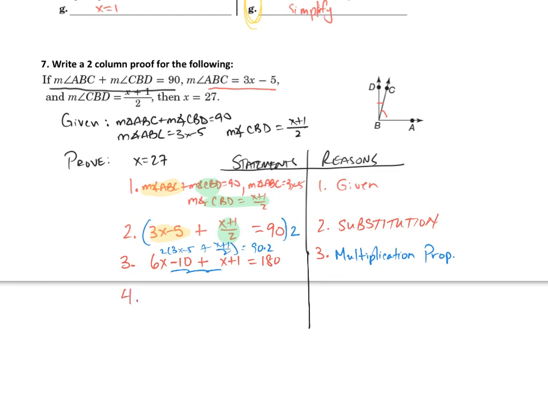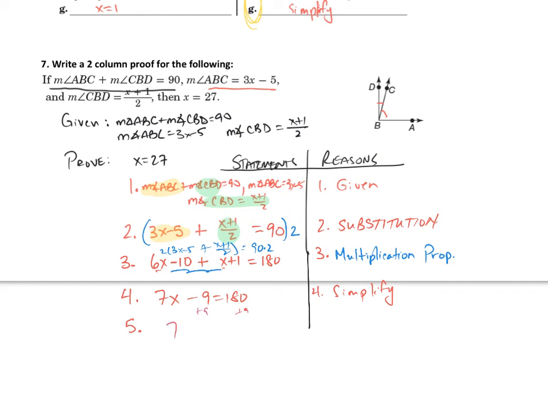Now I'm going to do some simplification. I'm going to say 7x, combining like terms, minus 9 equals 180, and this is simplify. You could say combine like terms. And now I'm going to add 9 to each side, right?